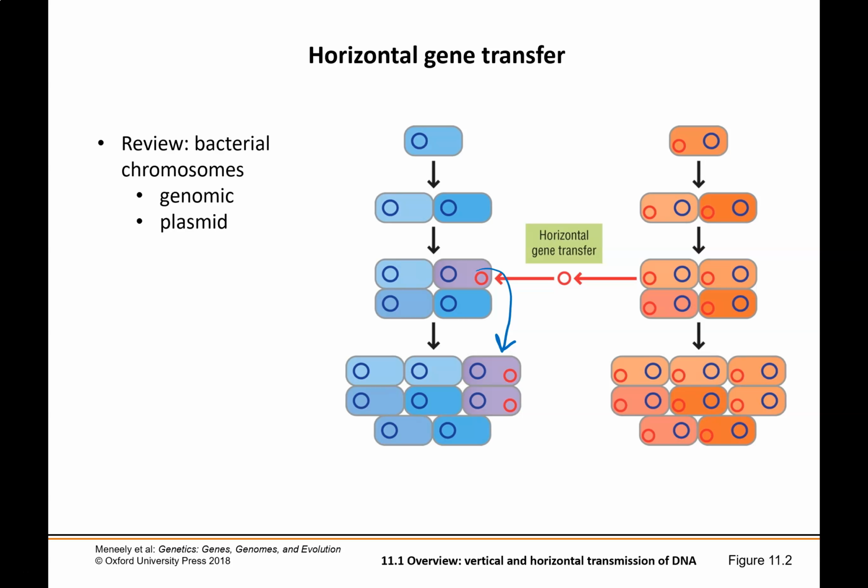So let's pause real quick and review bacteria just very quickly. So bacteria have a plasma membrane. They have a larger circular piece of genomic DNA.